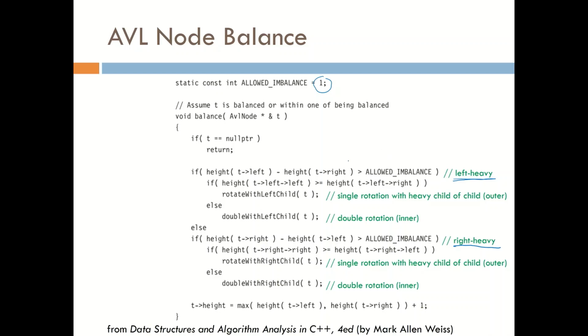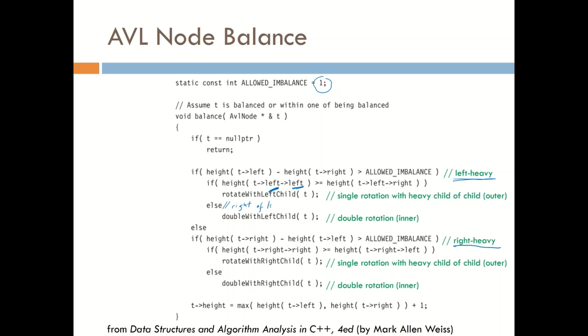So this is from the perspective of node T. And so if T's left is what's heavy, that's still not enough information to figure out what to do to fix this heaviness. We have to know whether the heaviness occurred in the left child of T's left child, or whether the else clause, in the right child of T's left child.